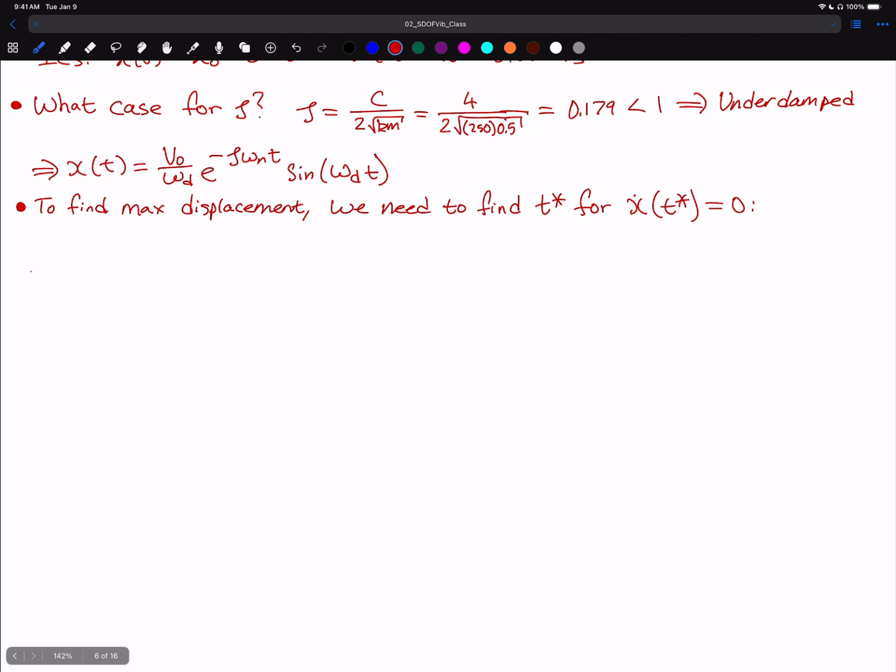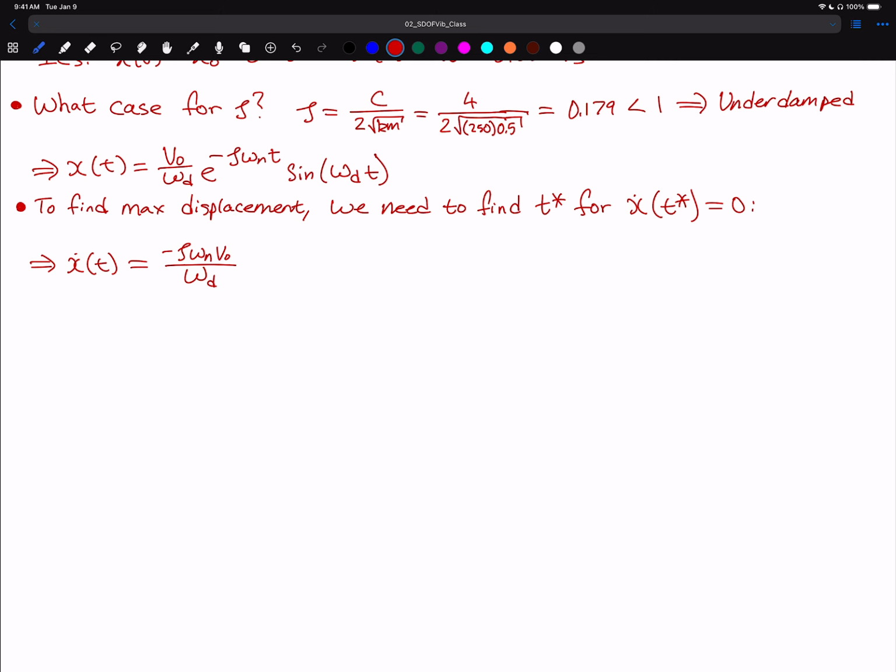Okay, so let's go and compute x dot of t. We will need to do a product rule here, so we're going to get first v0. In fact, we'll combine this. We're going to get the big fraction minus zeta omega n v0 over omega d times the sine.